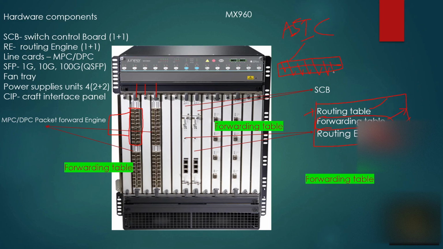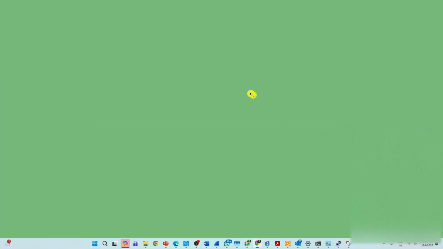It means whatever data is hitting on these interfaces, this processor is handling it. This is called what? Packet forward engine. Yes or no? The packet is received on this interface and it is forwarded by the chip. This is called PFE, packet forward engine. Everyone understand?